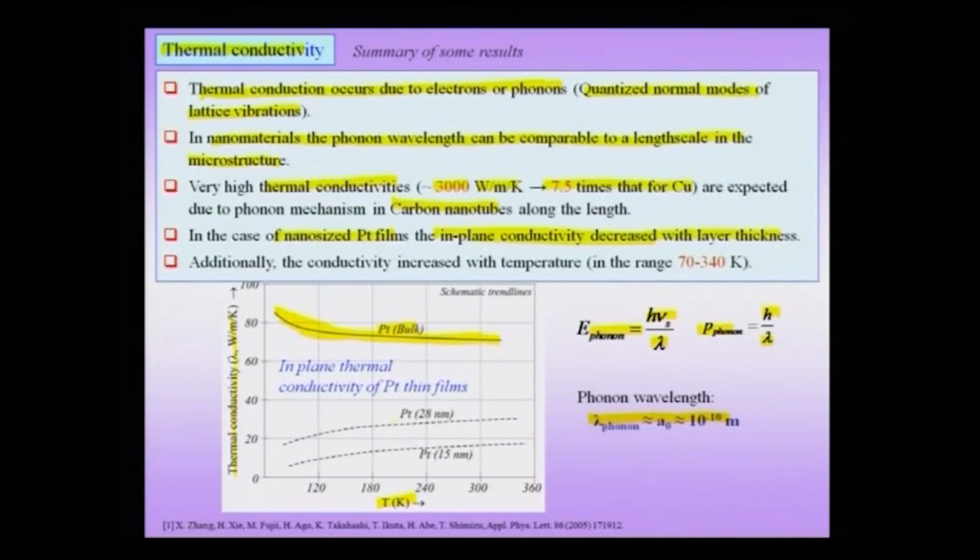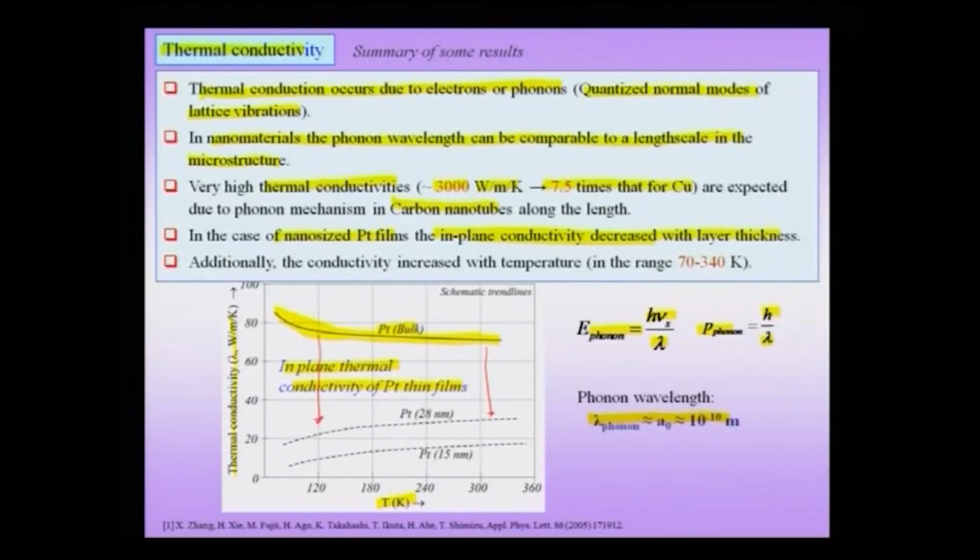Now, if you talk about in-plane thermal conductivity of platinum thin films, there are two important things to be noticed, both of which are unexpected and startling in some sense. Number one is that the overall conductivity value for any given temperature is much lower.